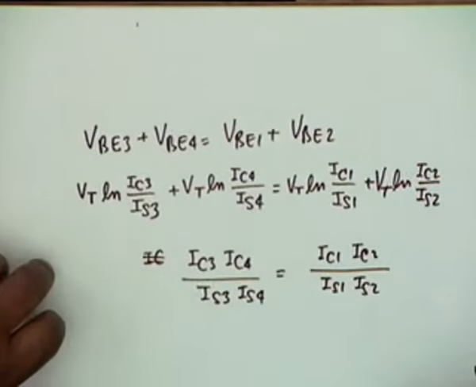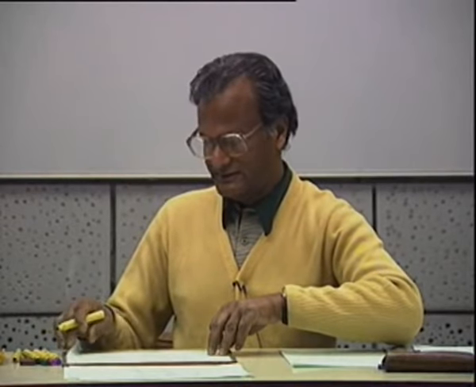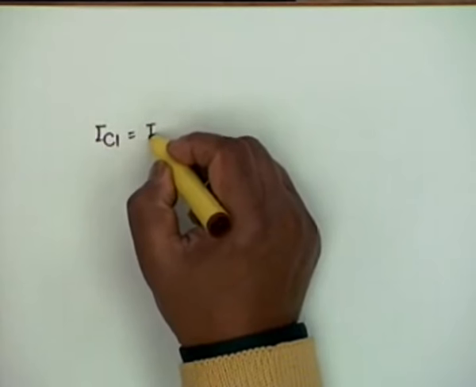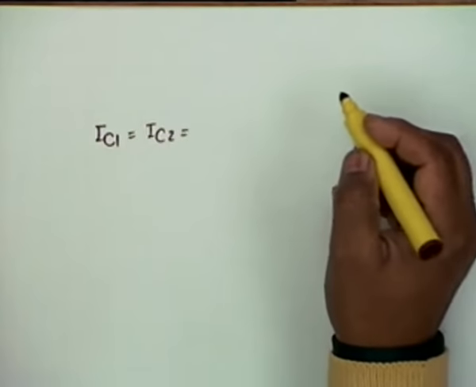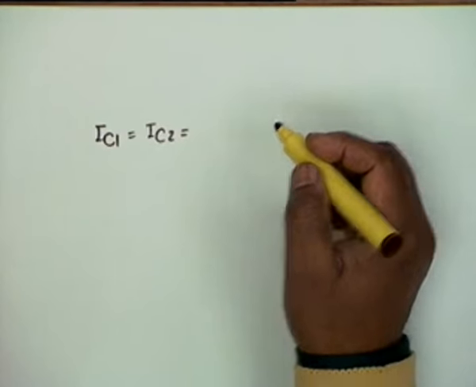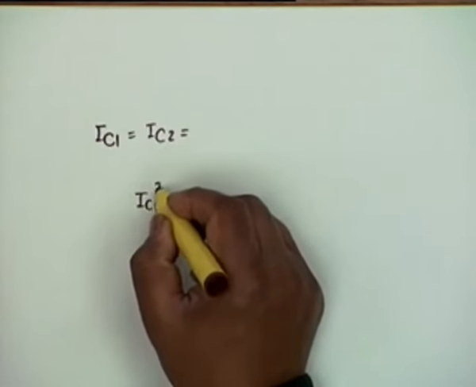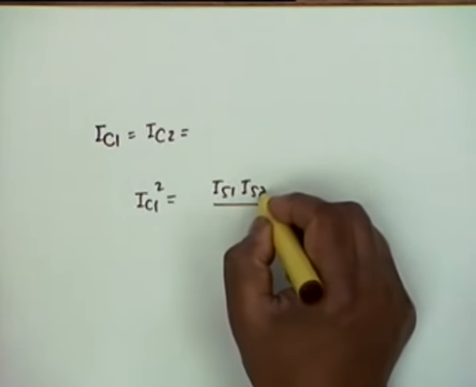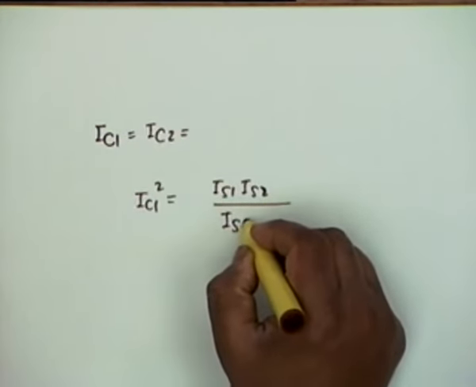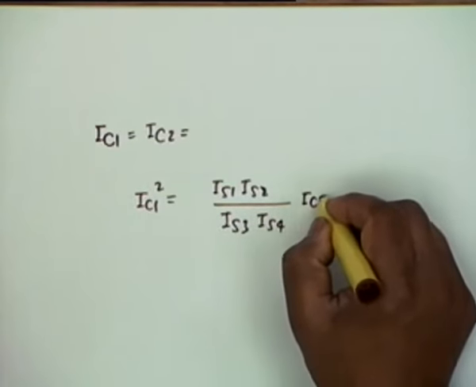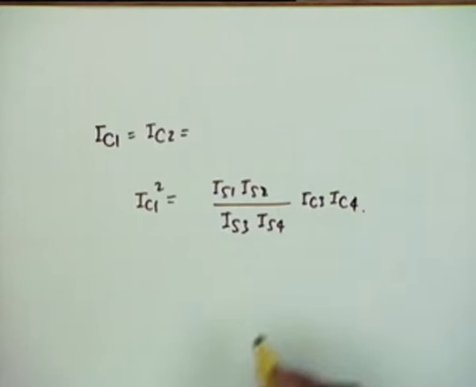And therefore, our collector current I sub C1, which is equal to I sub C2, would be given by what? My equation would be IC1 squared equal to IS1 IS2 divided by IS3 IS4 times IC3 IC4.